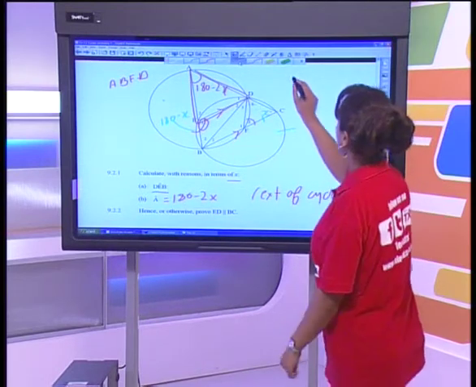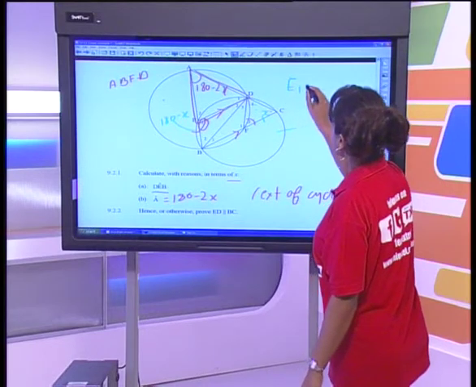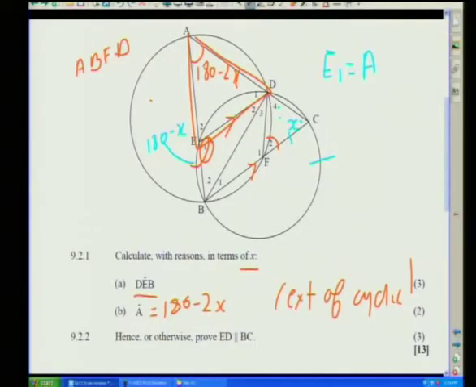Okay, so E1 is going to be equal to A plus D1, and the reason for that is the exterior angle of a triangle. So I know what E1 is. E1 is 180 minus x. I know what A is. A is 180 minus 2x. So if I want to find D, it's going to be angle E1 minus angle A.